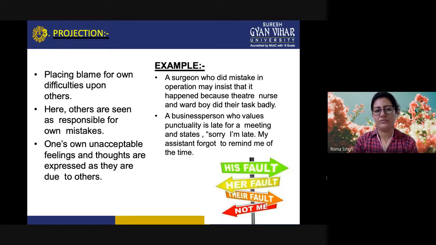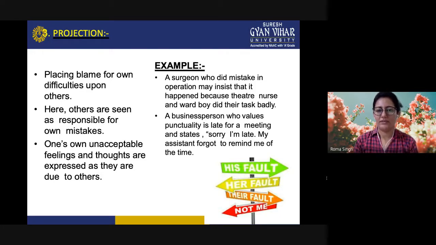For example, a surgeon who made a mistake in an operation may insist that it happened because the nurse who was present in the operation theater, or the ward boy, did their task not in an effective manner. So you are clearly projecting all your faults, all your blames on other persons.